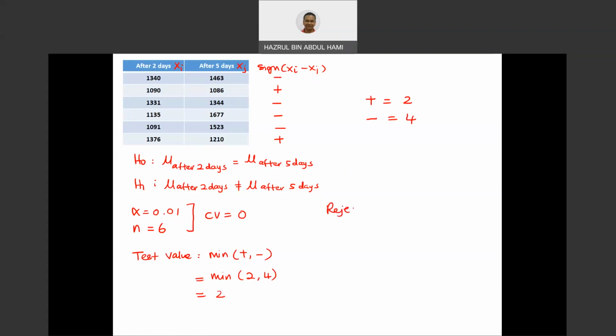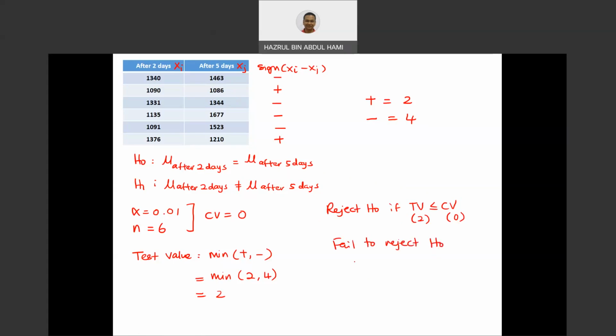We can only reject H naught if the test value is less than or equal to the critical value. Our test value is 2 and the critical value is 0, so the test value is greater than the critical value, meaning that we fail to reject H0. So this is our decision.